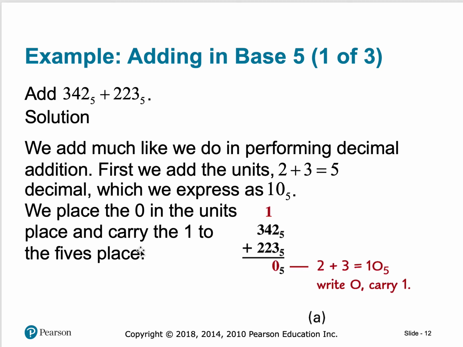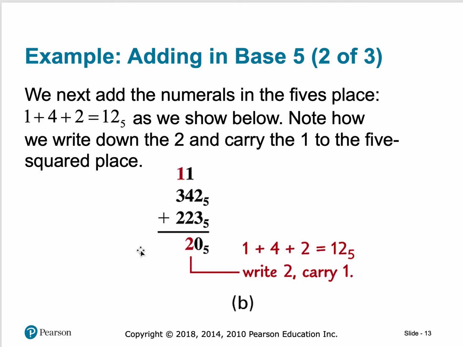Because 5 is like 10, and that's why we're putting a 0 and carrying the 1. Because the new 10 is 5. And then I'm going to move on from there. 4 plus 2 is 4, 5, 6, and 7. 7 corresponds to 2. And then I'm going to carry that extra 1.